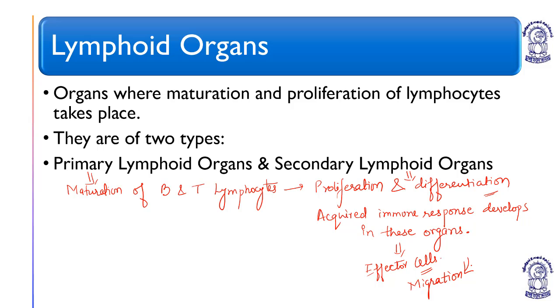Now, the types of secondary lymphoid organs, what are the different examples? Lymph nodes.